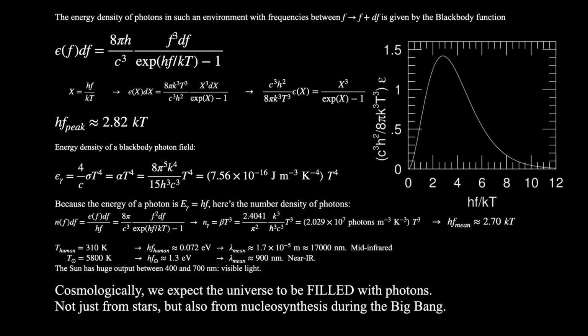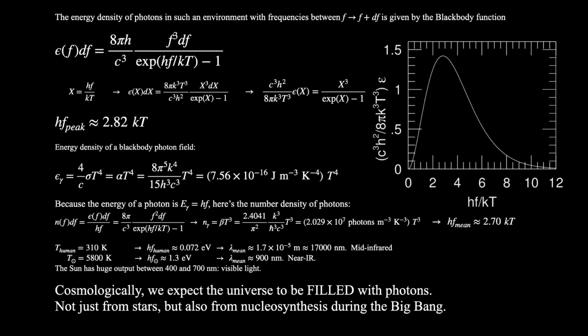Because the energy of a photon is h times the frequency, we can say what's the total number density of photons inside of the field. So we just take the energy density and divide it by the energy of one photon, and we have the number density of photons in a small frequency interval df. It's very similar to the previous expression, but there's an f squared instead of an f cubed.